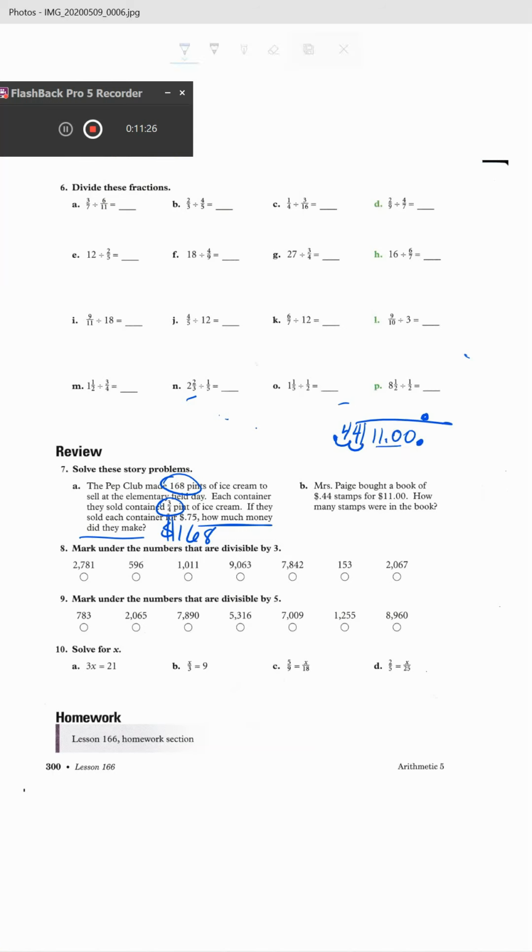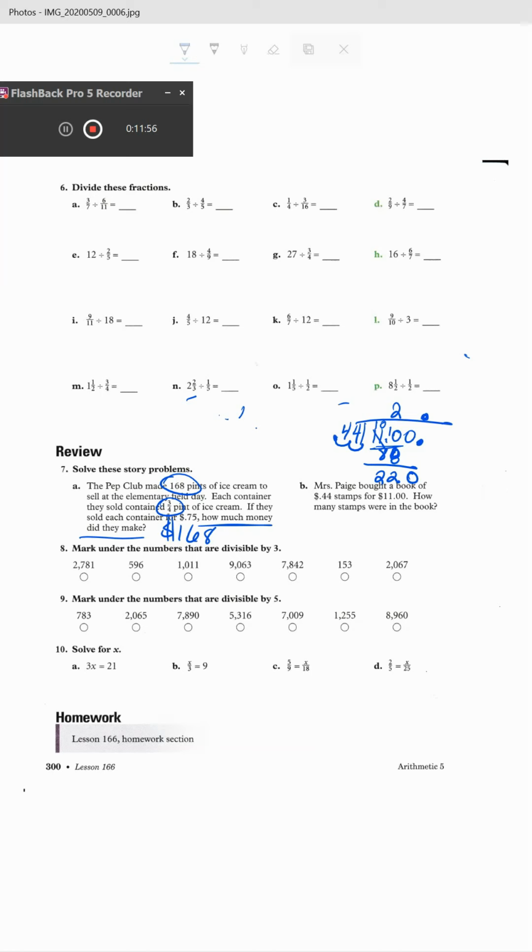44 will go into 110. I think just twice. And that would be 88. I get 22 as a remainder. Oh, I'm sorry. 44 into 220.